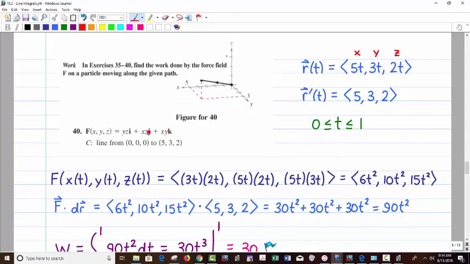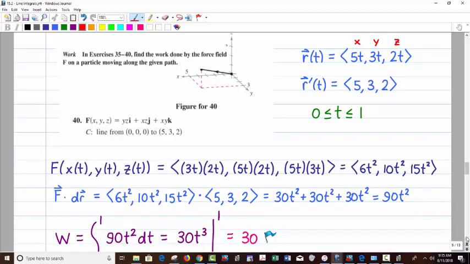So here's my vector field. All I'm doing is plugging in these x, y's, and z's, according to this right here, here, and here. So it ends up being 6t squared, 10t squared, 15t squared. I'm going to dot that with this derivative right here, 5, 3, 2.